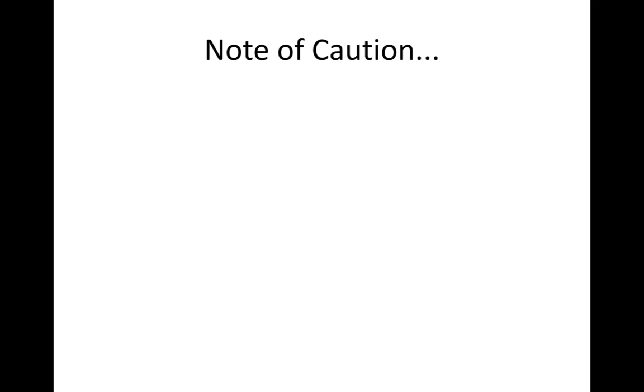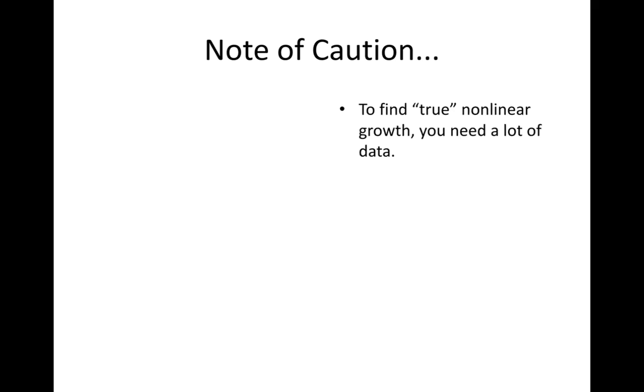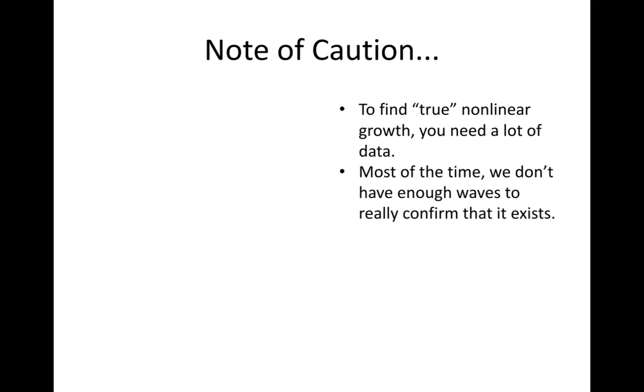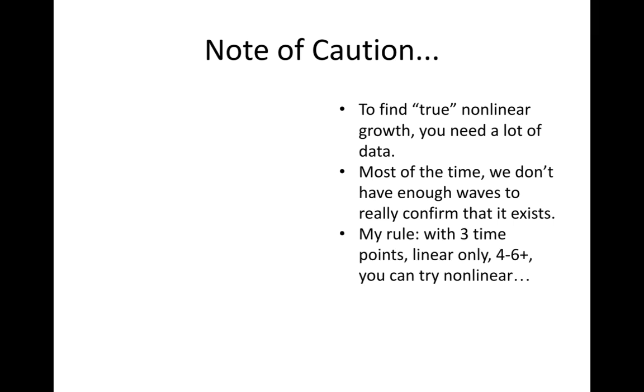Okay, so note of caution before I go. If you really want to show evidence of nonlinear growth, you actually need a ton of data. And most of the time, you don't have enough waves of data to confirm that it's actually real. So I have sort of a rule, which I've borrowed from other folks.